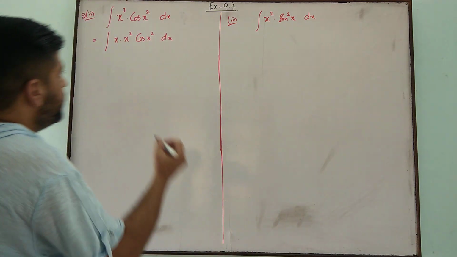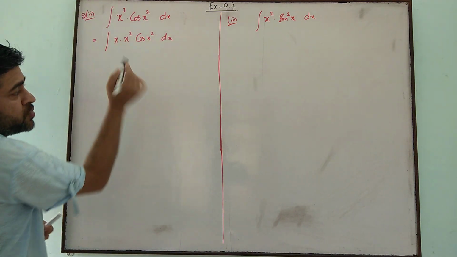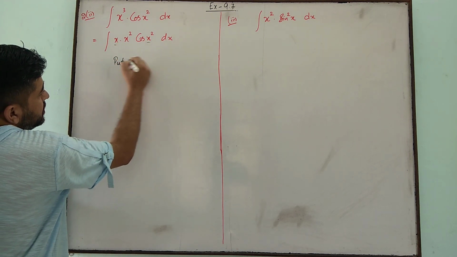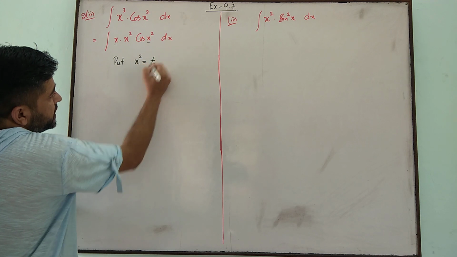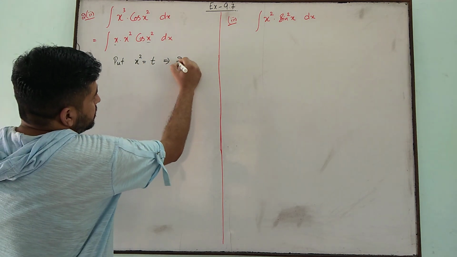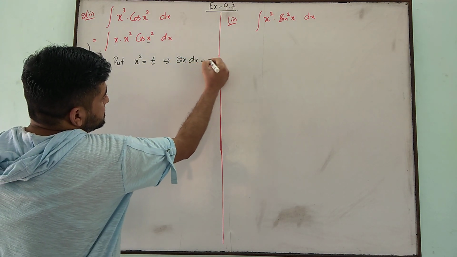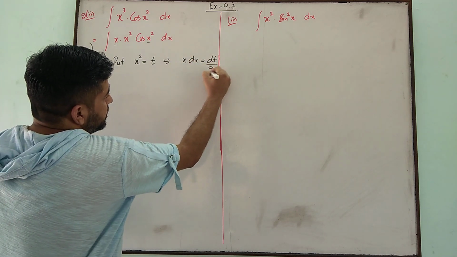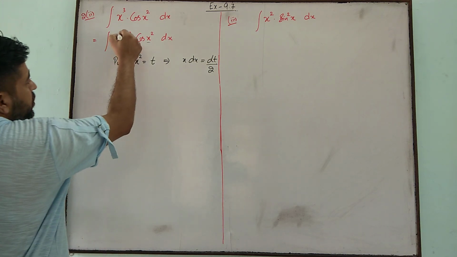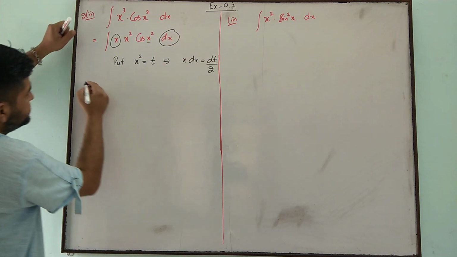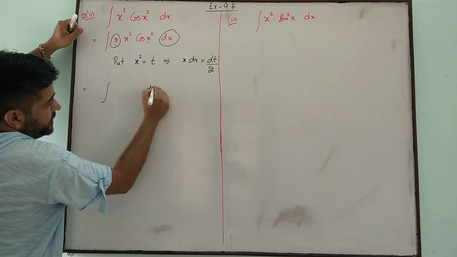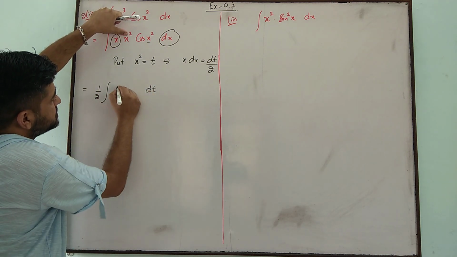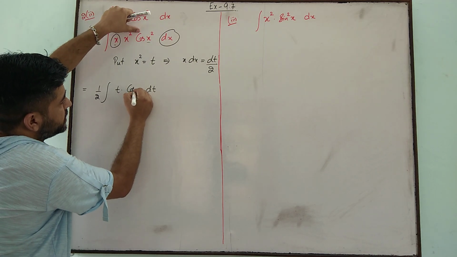Now x square's derivative is 2x, the 2 hardly matters, so we can put x square equal to t, so that 2x dx is dt, that is x dx will be dt upon 2. So we got x dx is dt upon 2, 2 is constant, and x square is t, and this is cos t.